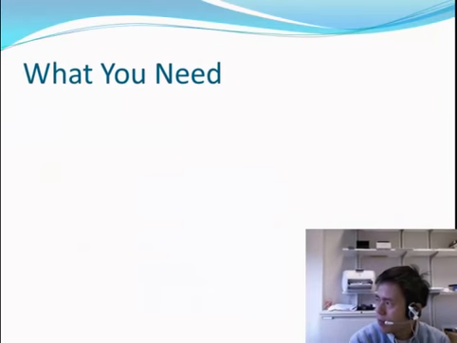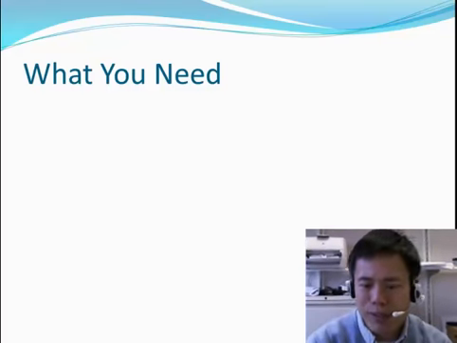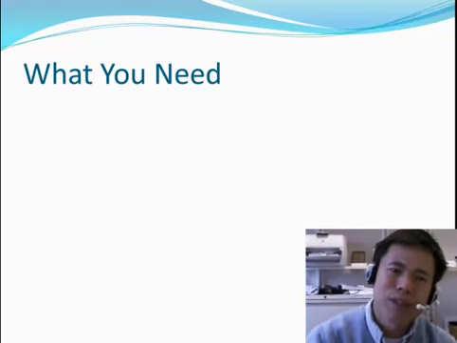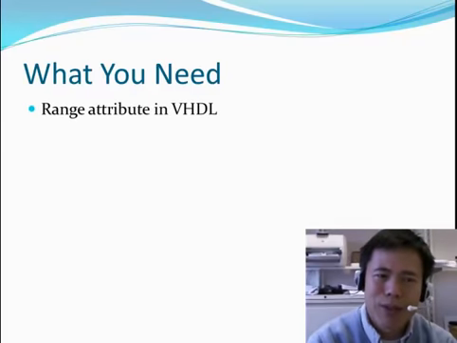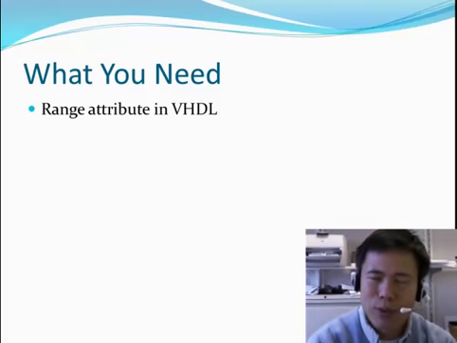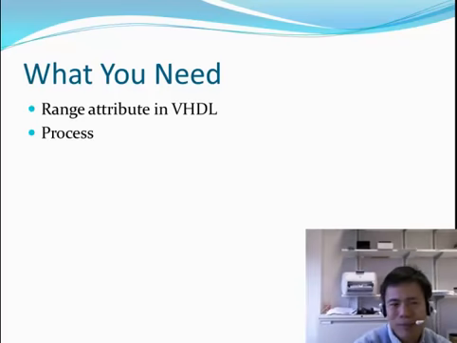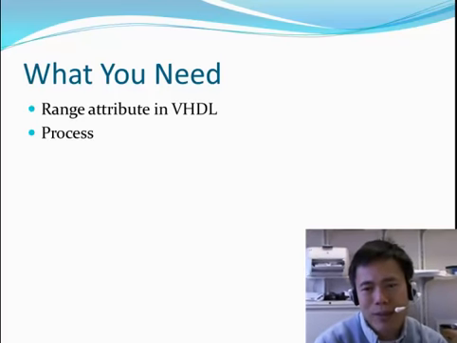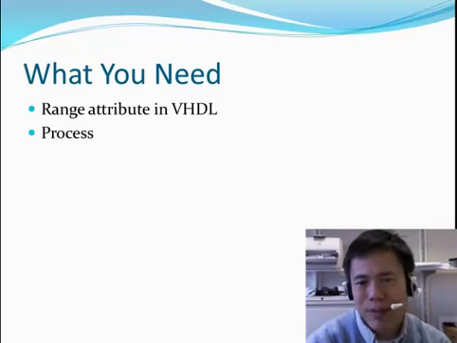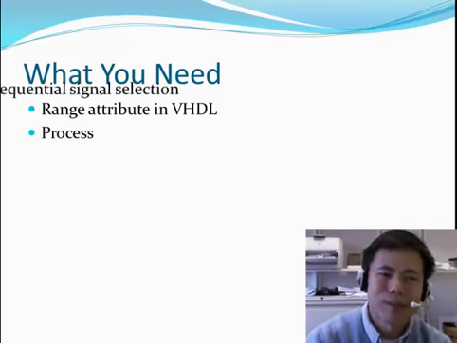So in order to use VHDL to implement this component, these are what you need. First, you need to understand the range attribute in VHDL. I will revisit the slide I showed you in the class. You also need the process concept in VHDL, because without the process you cannot do the sequential signal selection statement.